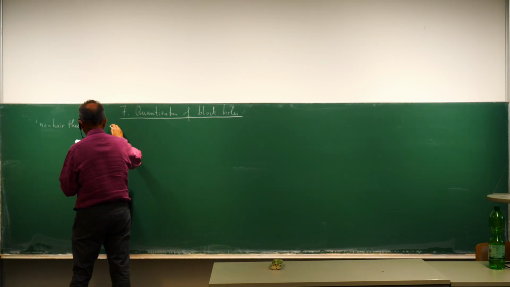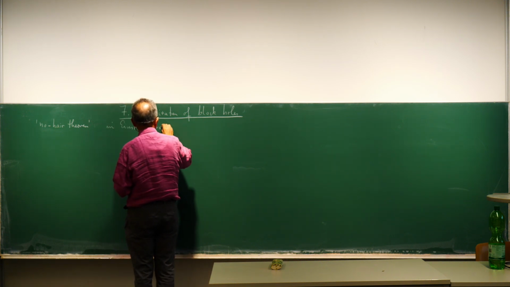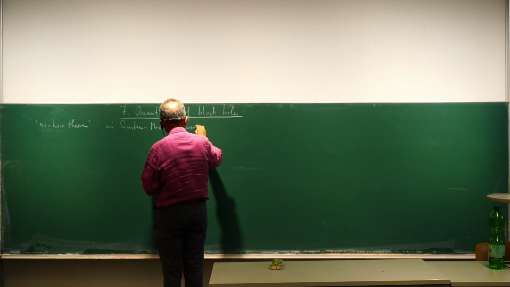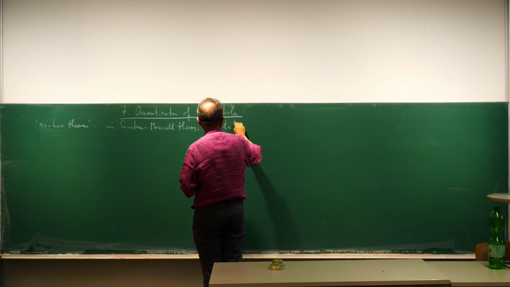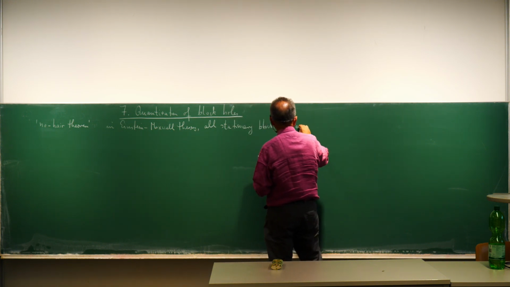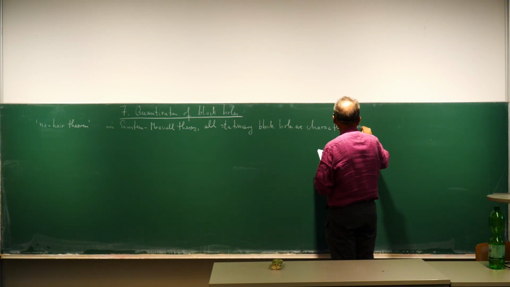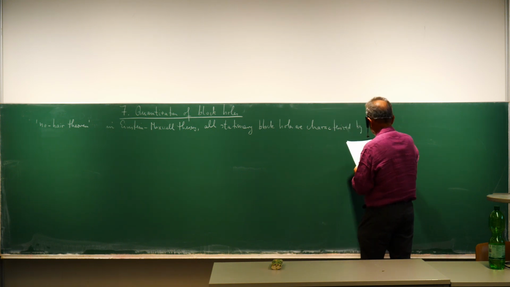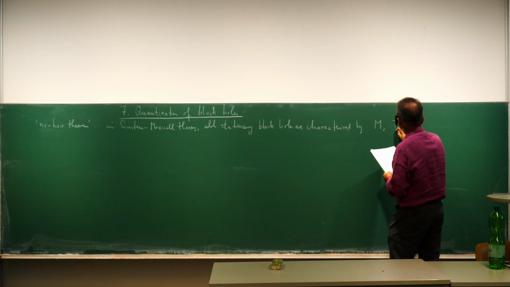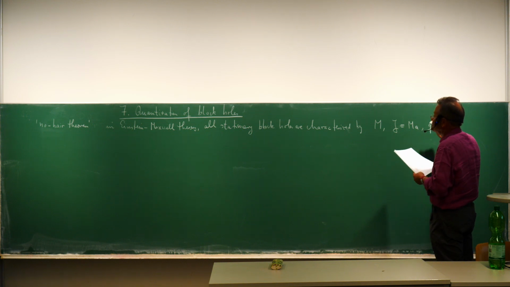So this means that in Einstein-Maxwell theory, all stationary black holes are characterized by the 3 parameters: m, the mass, then the angular momentum, and we also use this small a, which is the reduced angular momentum J over m, and the electric charge, if there is any.